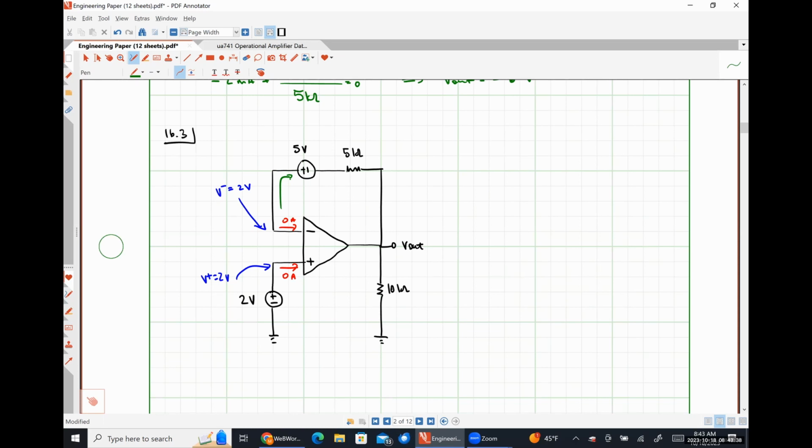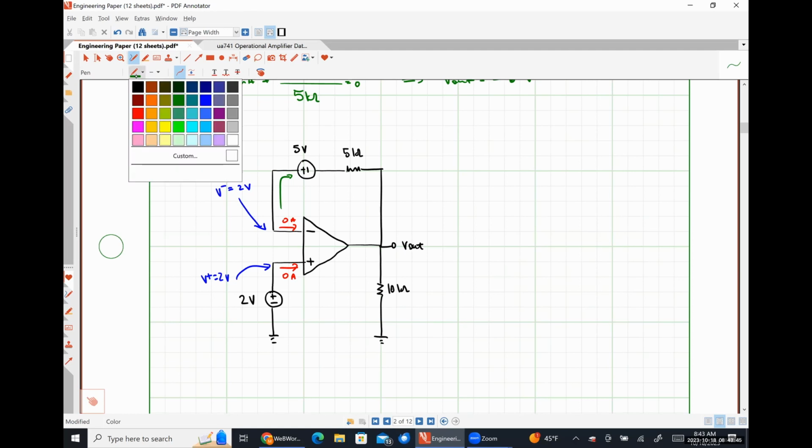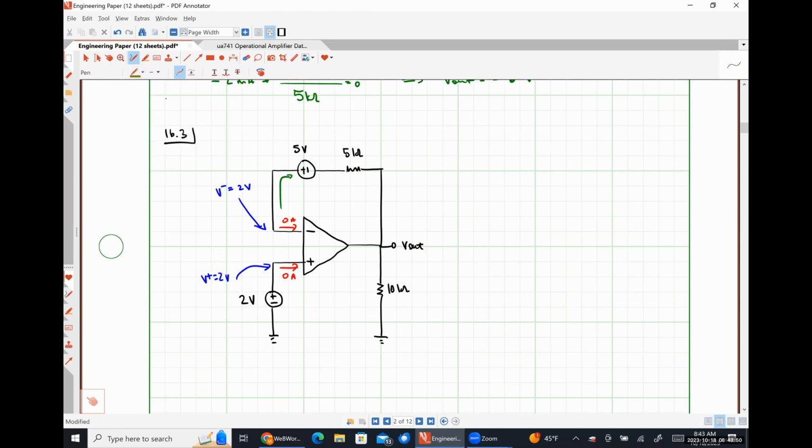So things are looking a little awkward here. But let's think about this in context. If that current is equal to 0 amps, what must the voltage drop across that 5 kilo ohm resistor be? What was it? 0. So the voltage drop across this 5 kilo ohm resistor must be 0 volts. So what do you guys think V out will be now?